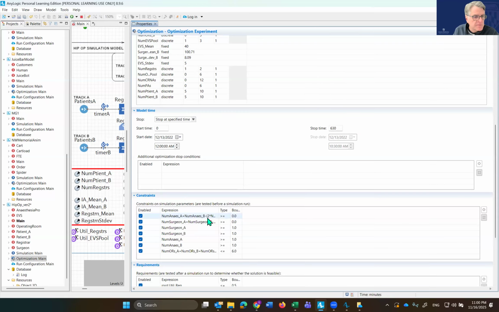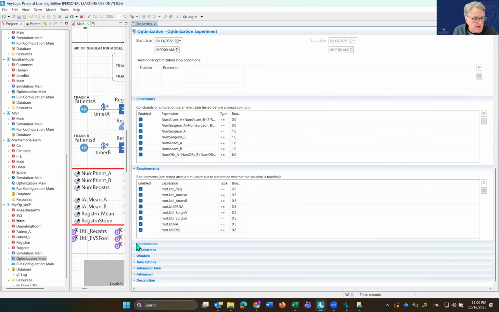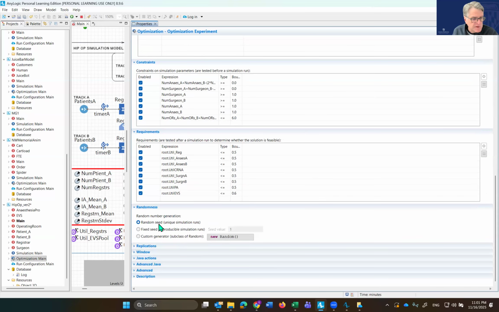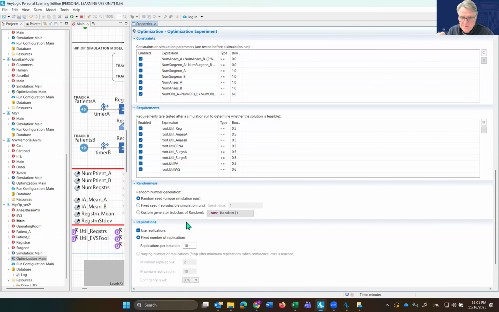Okay, so what else do we want to know here? There's randomness. Every time we run it, we are going to get randomness, and that's because of this random seed set to give us unique simulation runs. And then we're getting 10 replications. Every time there's a set of parameters, whatever they may be, it runs those simulations 10 times and then uses the average of those results. So that's helpful. It's taking care of a lot of the lift.